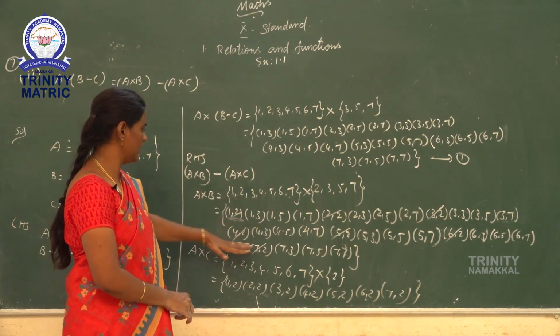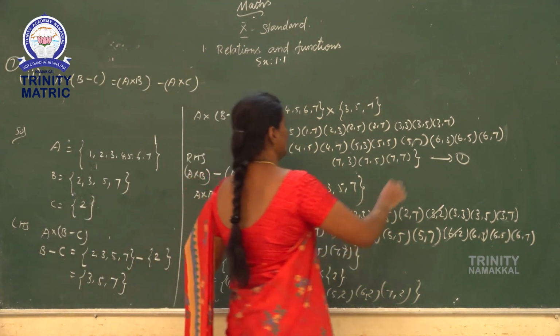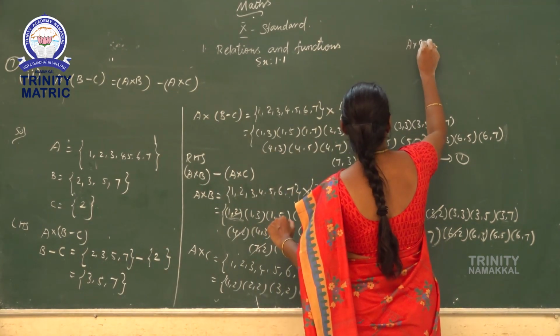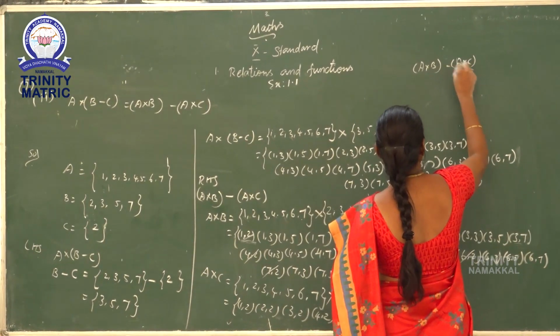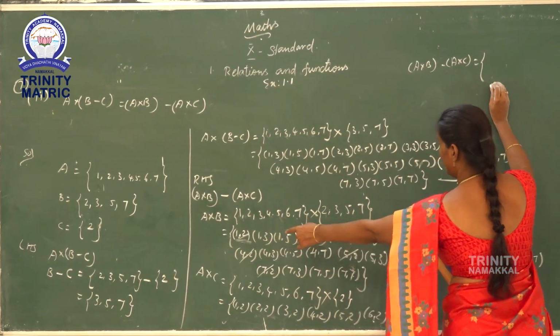See, the remaining elements in the set A cross B difference A cross C, we write the remaining elements.